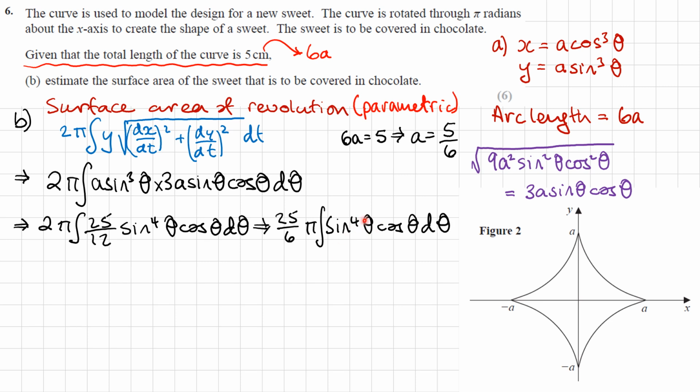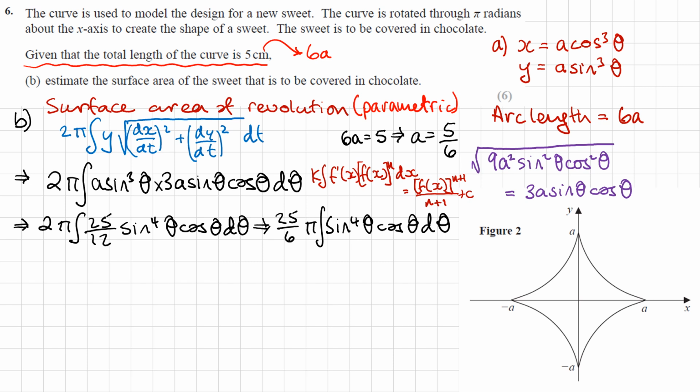So this one fits an integration pattern, where you've got the derivative times by the function to the power n, and that's going to be equal to that function to the power n plus 1 over n plus 1 plus c.